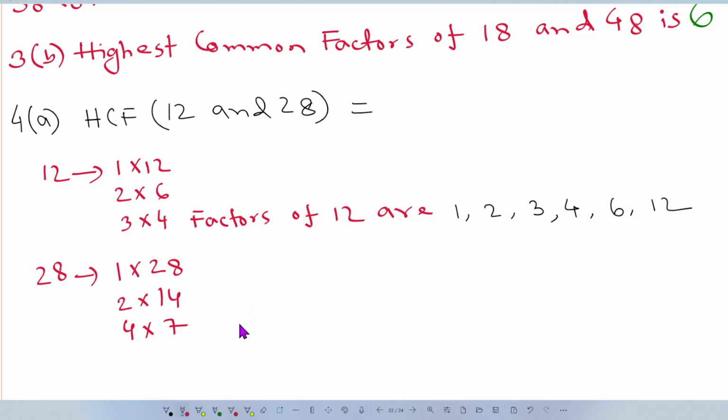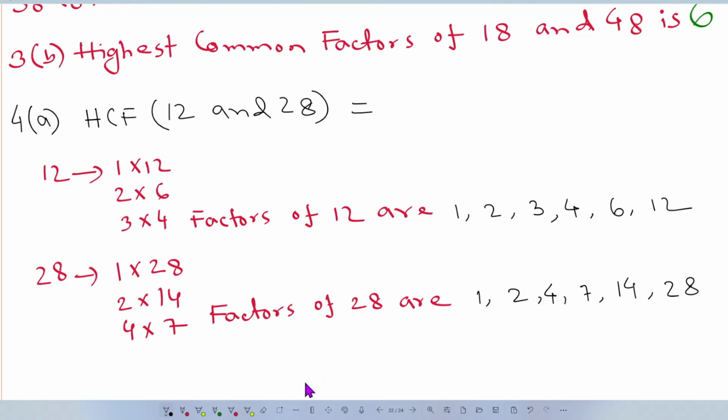So we can write factors of 28 are 1, 2, 4, 7, 14 and 28.